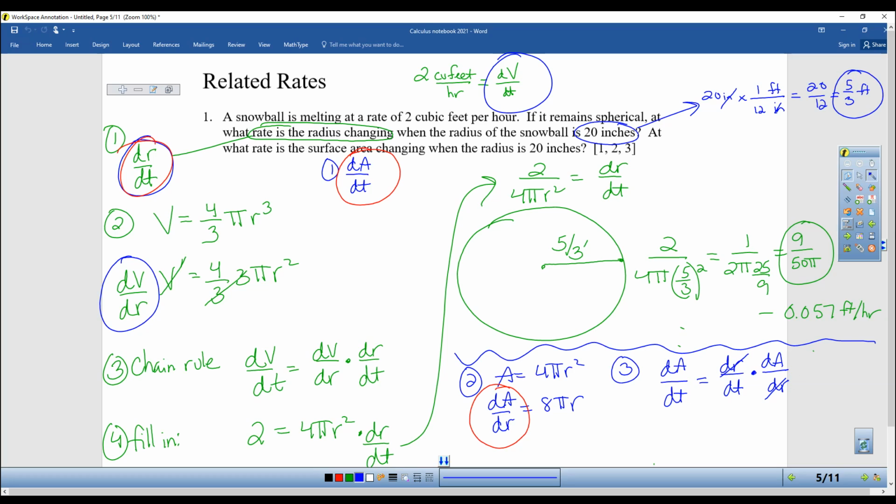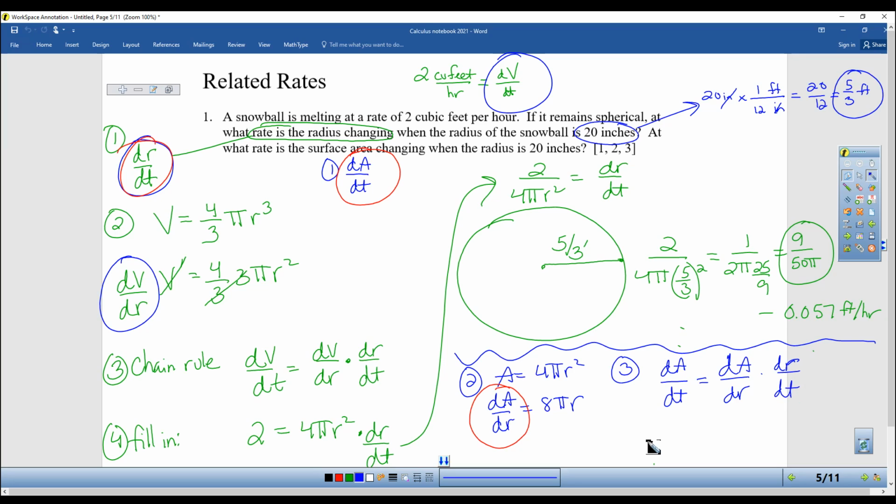So this is my chain rule. Although I don't actually want those crossed off. I was just trying to show you that it works. So dA, I'll just rewrite it. dA dr times dr dt.